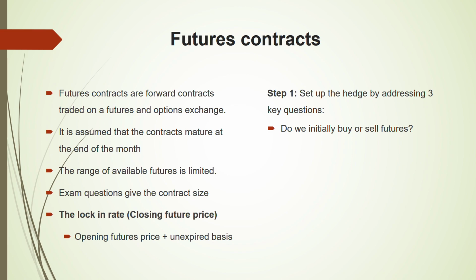Foreign payment is in pounds, the contract size is in dollar. So that means you can either buy dollar or sell dollar. You cannot do anything with pounds. So it does not matter what currency your payment or receipt is. Look at the contract size. If the contract size is in dollar, what are you going to do with the dollar? That matters. So now you have to do one additional step.